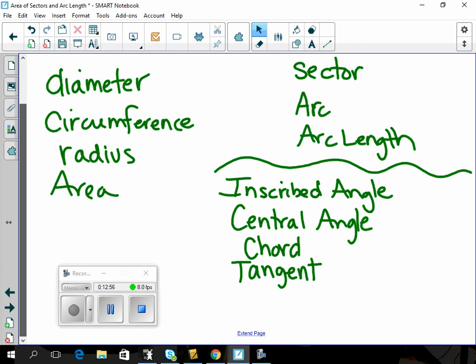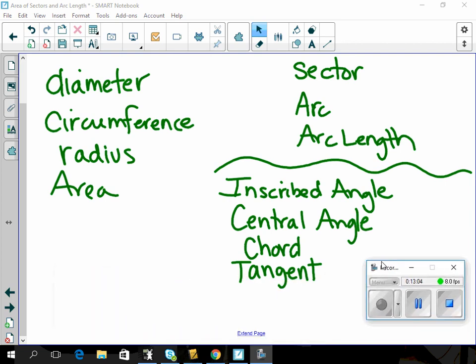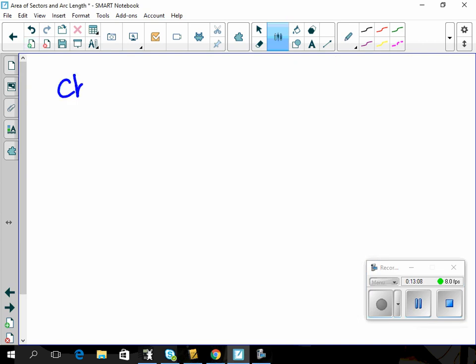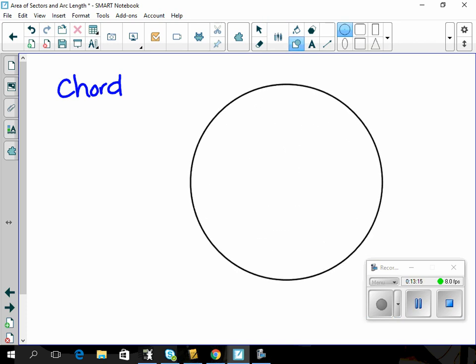All right, so let me pause the recording. And let's talk about some of these vocabulary words that maybe we didn't get the first time around. So when I talk about a chord, let me just draw a big picture where I have several things going through.